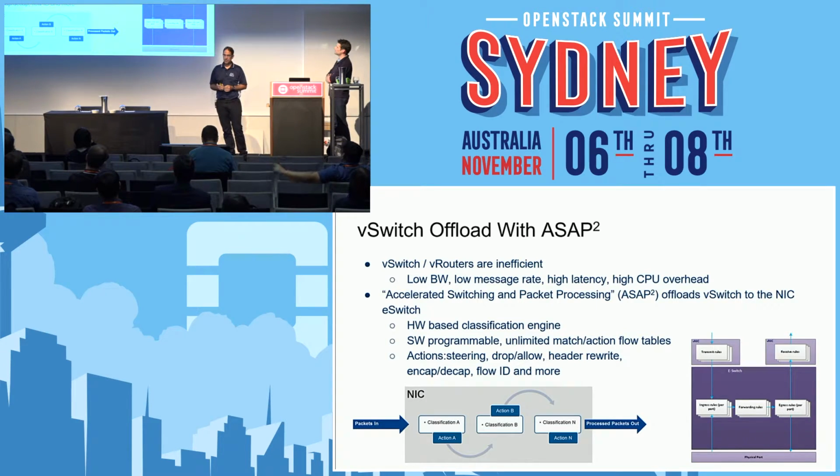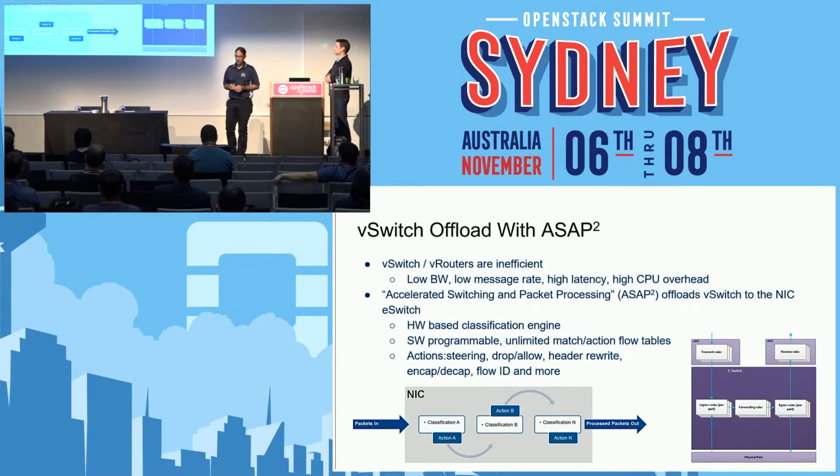And then there are match-action tables that are fully programmable. They are very extendable, and there is a very large list of actions that we can take on the packet according to those tables. You can steer, drop or allow packets. You can do header rewrites to implement routing or NATs.